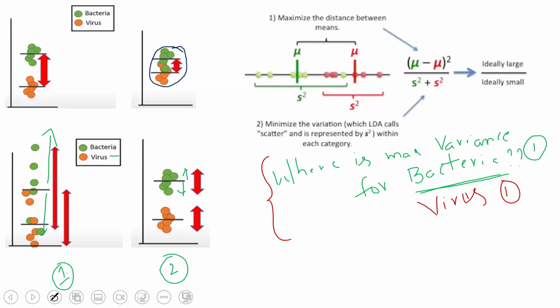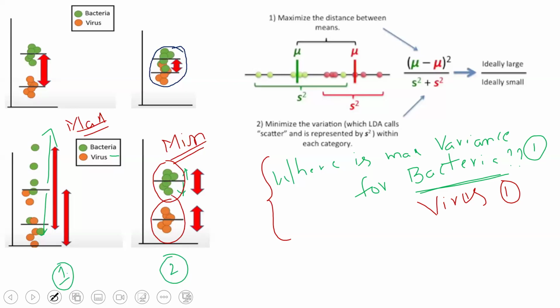This is minimum variance within category, and this is maximum variance within category. Just look at the diagram: where are the similar groups accumulated, diagram 2 or diagram 1? In diagram 2, similar classes are grouped together.